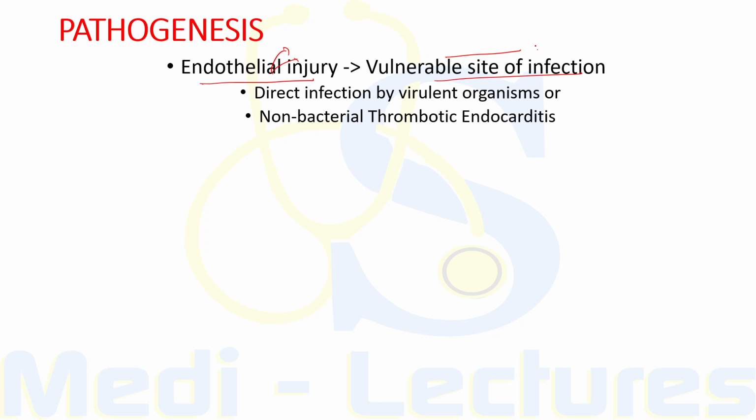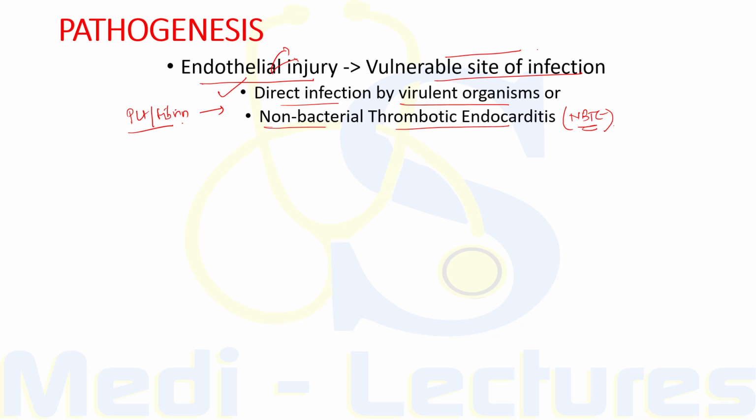Now, this injury allows either a direct infection by the virulent organism or leads to formation of a platelet fibrin thrombus known as non-bacterial thrombotic endocarditis. Now, this non-bacterial thrombotic endocarditis acts as a site for bacterial attachment during transient bacteremia.